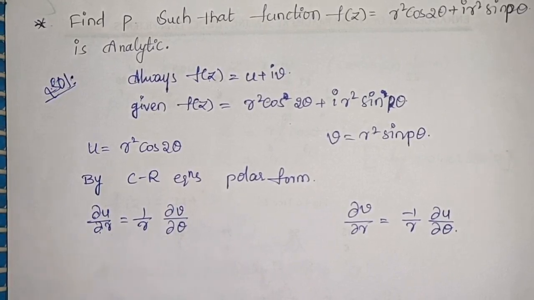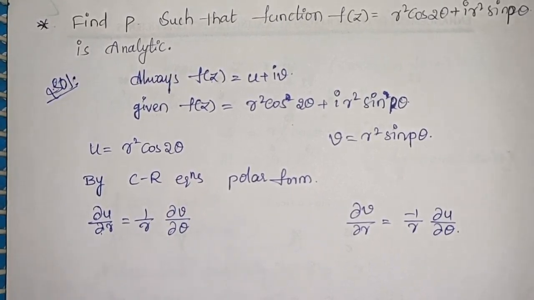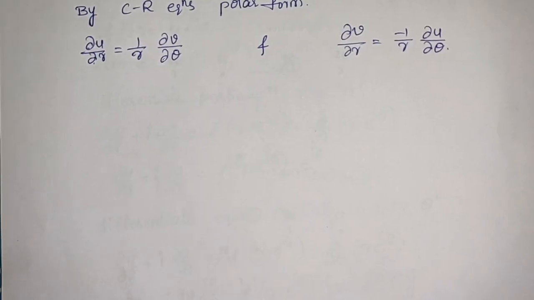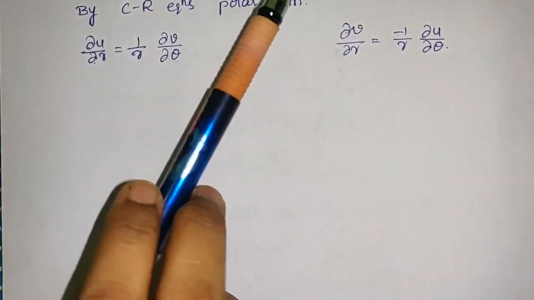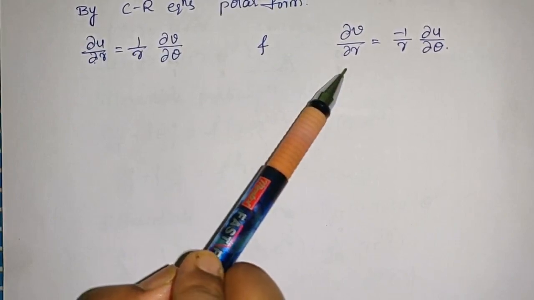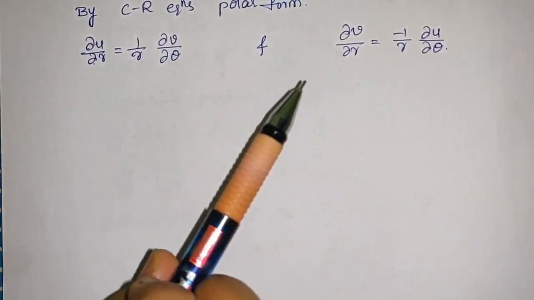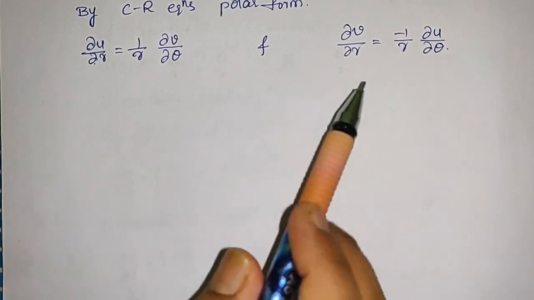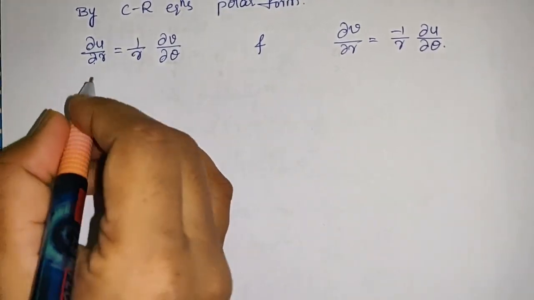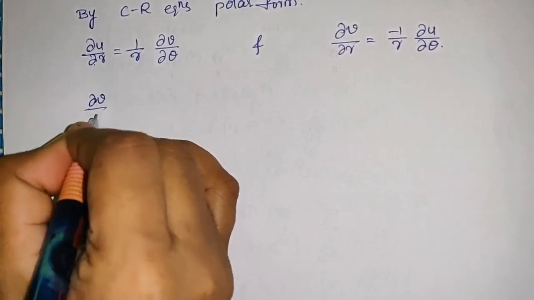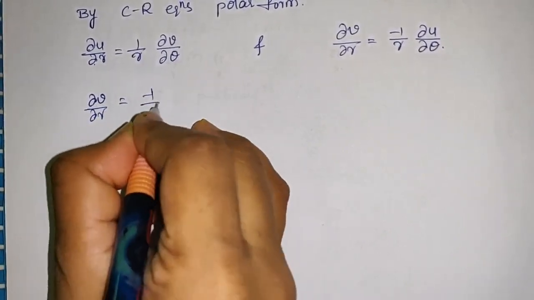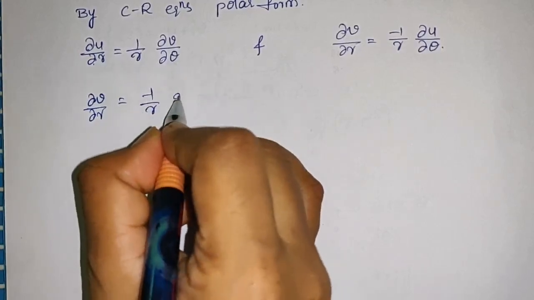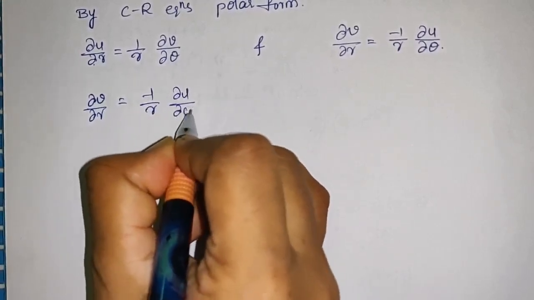You can take any one of these, so I am taking directly the second equation, that is ∂v/∂r equals minus 1/r ∂u/∂θ.